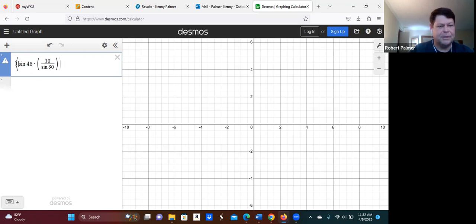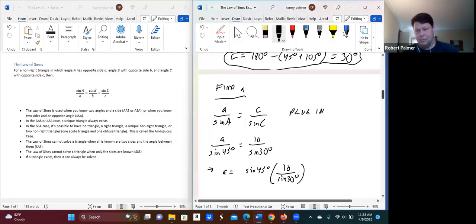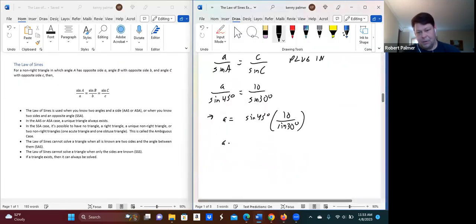Maybe it's trying to read that and is taking the sine of all that. Yeah, I guess it is. There we go. So maybe you put the parentheses around that, and that makes Desmos or whatever your calculator is realize you're not trying to take the sine of all of that. And so that gives us about, let's round to two places, 14.14, and there were no units, so just 14.14. So A is equal to 14.14.